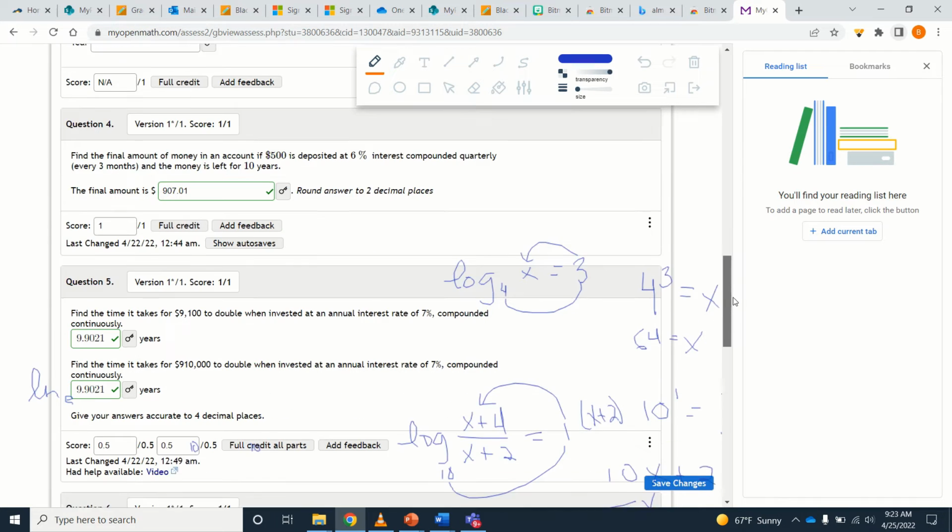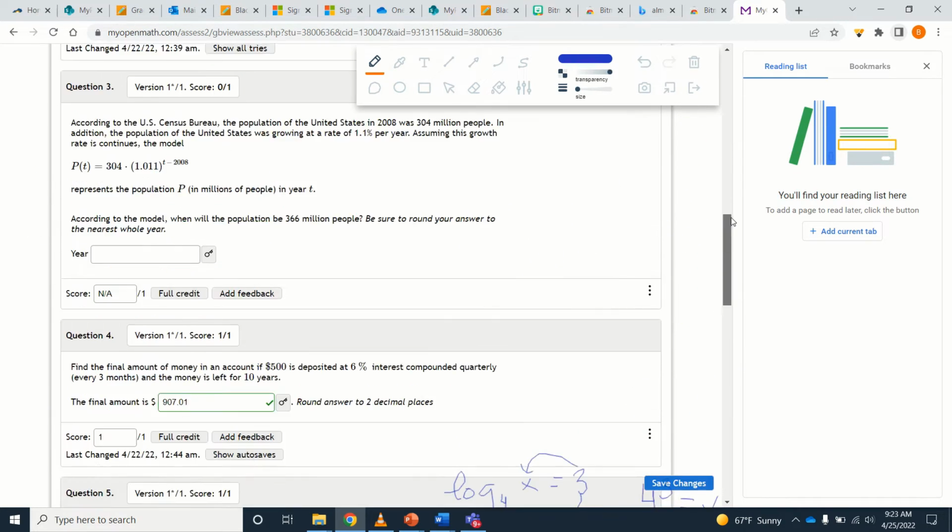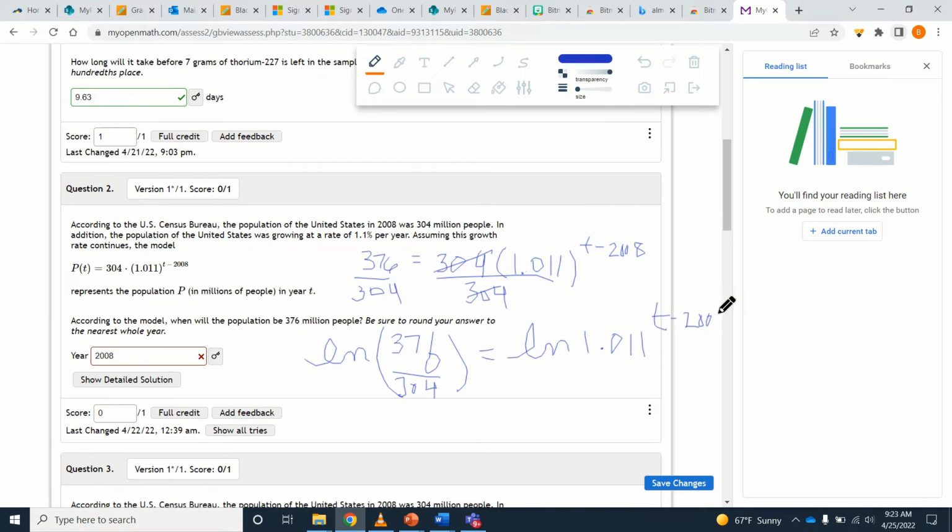Okay, so now I'll put this into the calculator. Natural log of 376 divided by 304. And those parentheses are absolutely essential as I do that. And this turns out to be, we want to take this to quite a few decimal places, 0.212561.